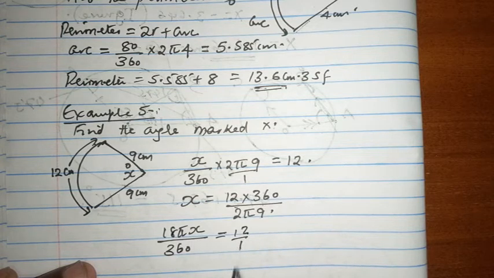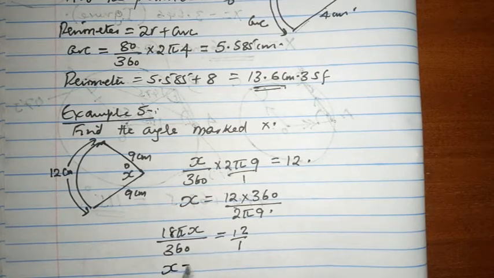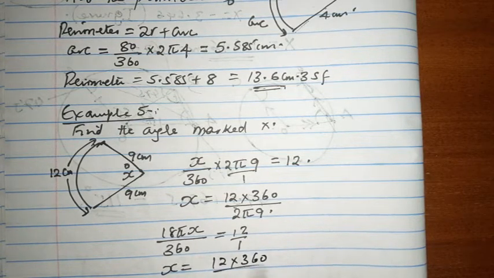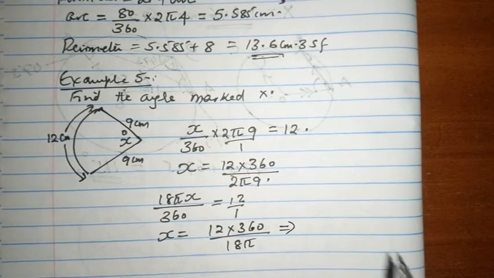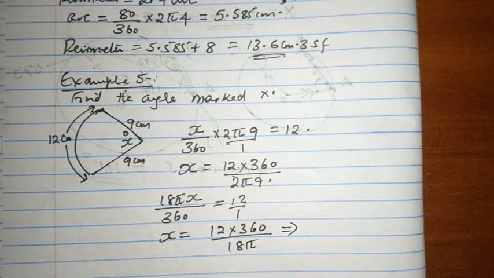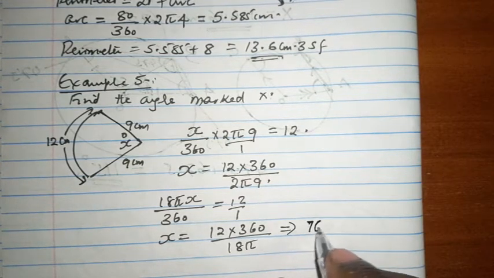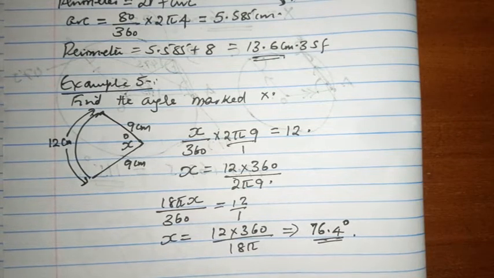So when we cross multiply, we realize x equals 12 times 360 divided by 18 pi. That is how we will get our value of x. If you apply the calculator very well, you will realize that x is 76.4 degrees. And that is just like it.